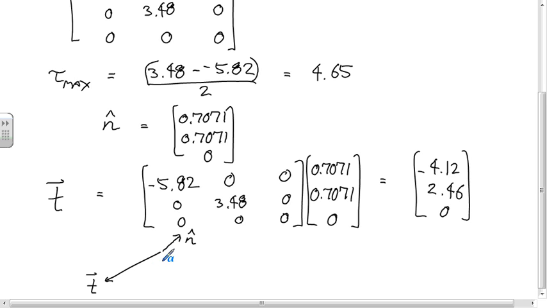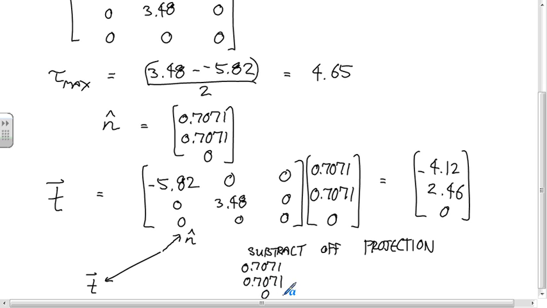So to subtract off the projection, we're going to take 0.7071, 0.7071 dotted with this traction vector.